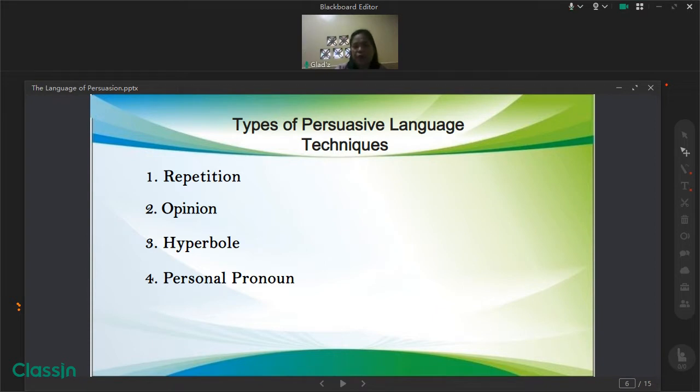Okay, next persuasive language technique is the imperative command. So when we say an imperative command, we all know that imperative command is requesting something or making a wish or request.